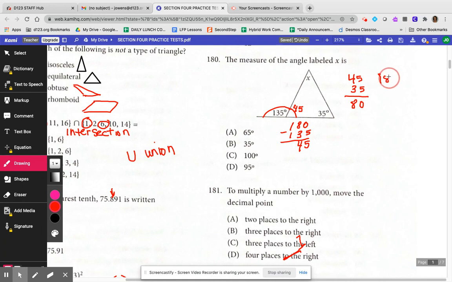So I have to do 180 minus 80, and I get 100 degrees. 100 degrees is the measure of x. Now, I know this doesn't look like 100 degrees. It's less than 90 from the picture, but you really can't rely on the picture to make your best guess. You have to use what you know about the measures of the angles.